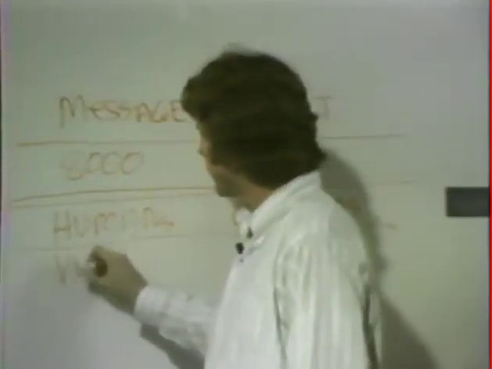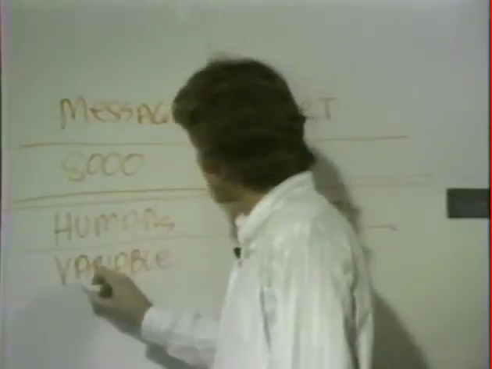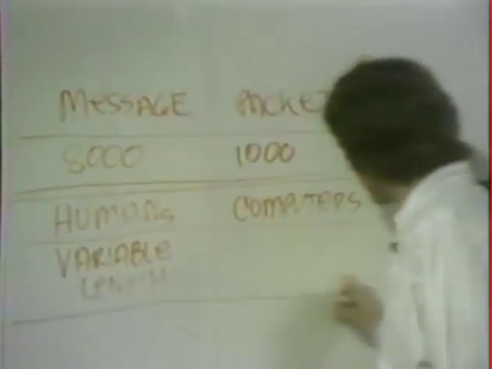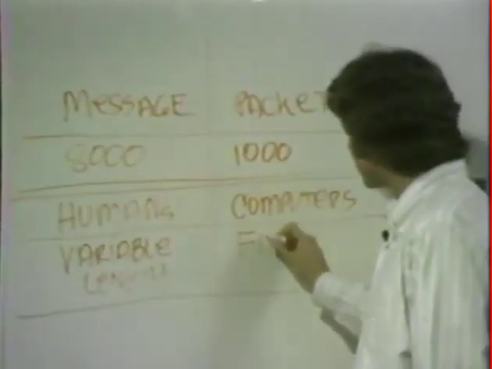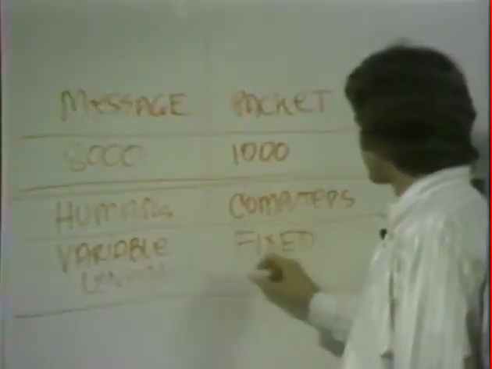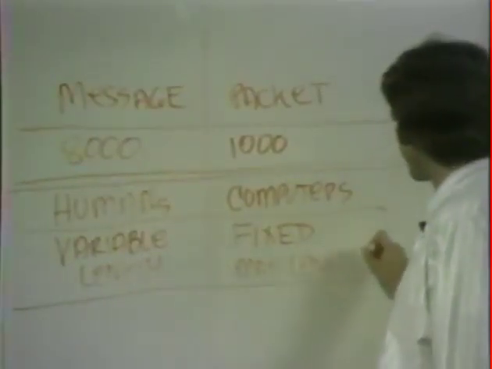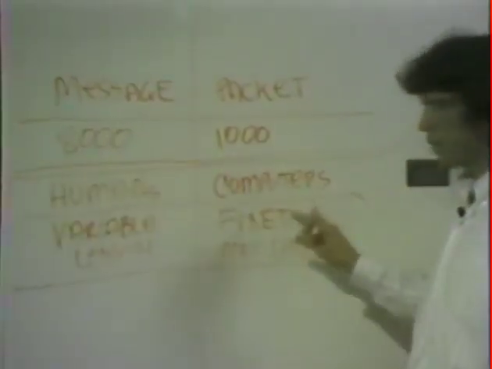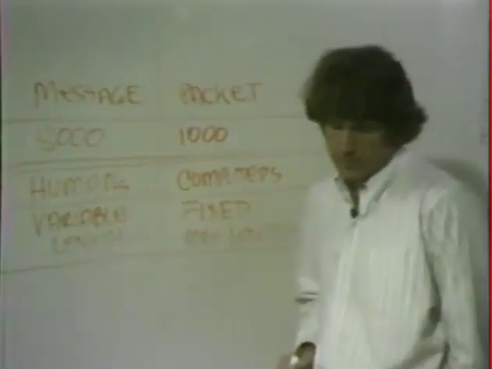Messages tend to be of variable and unconstrained length. And it's very often in a process called packetizing necessary to break such messages into packets, which generally have some fixed maximum length. This is a recognition of the fact that packets have to do with the computer technical side of things, and it's very convenient to be able to limit your transmissions to some fixed length.